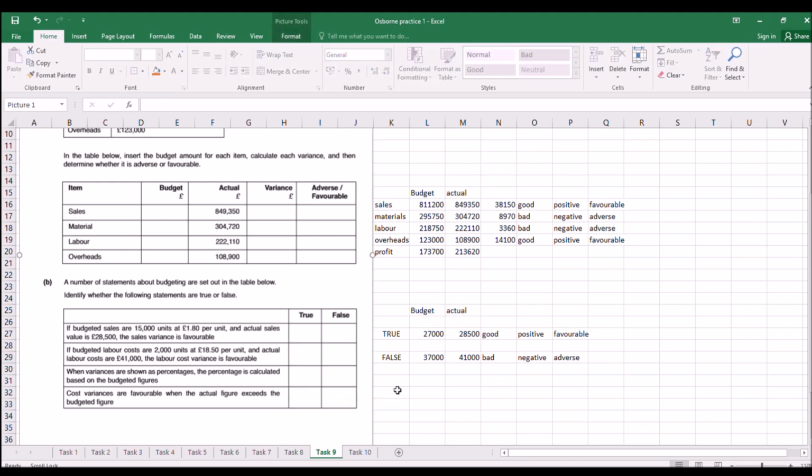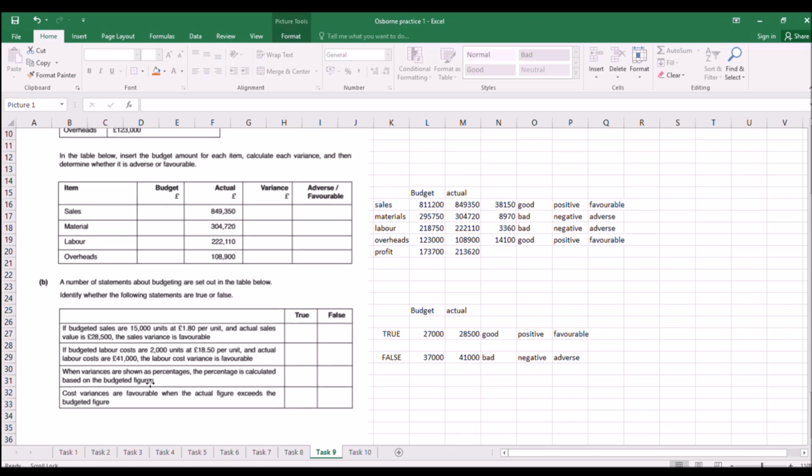Okay. When variance is shown as percentages, the percentage is calculated based on the budgeted figures. This is trying to work out some kind of significance. So let's take these figures as our variance, and then let's put a percentage. The variance is the difference between the bigger and the smaller number.